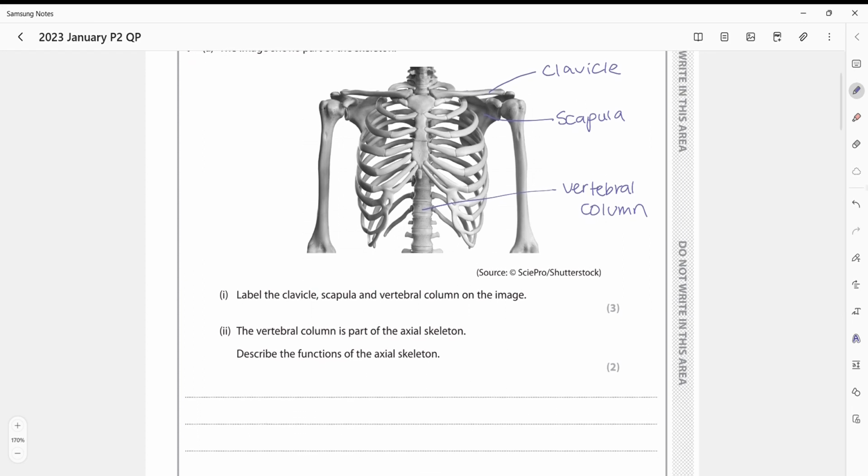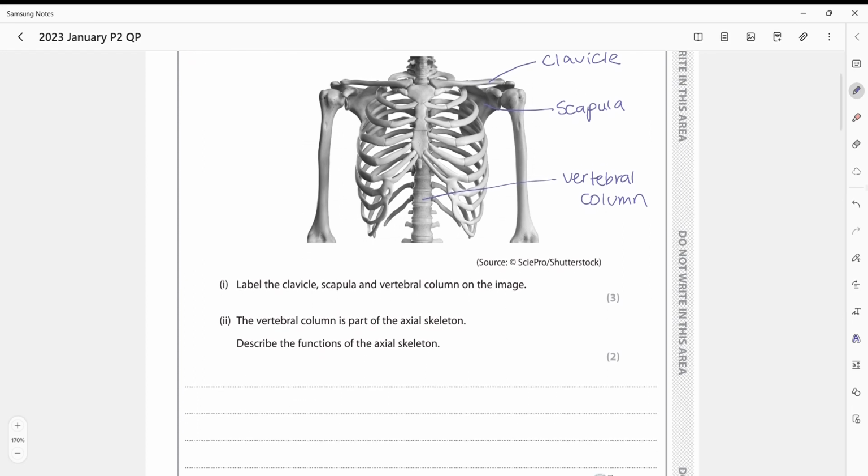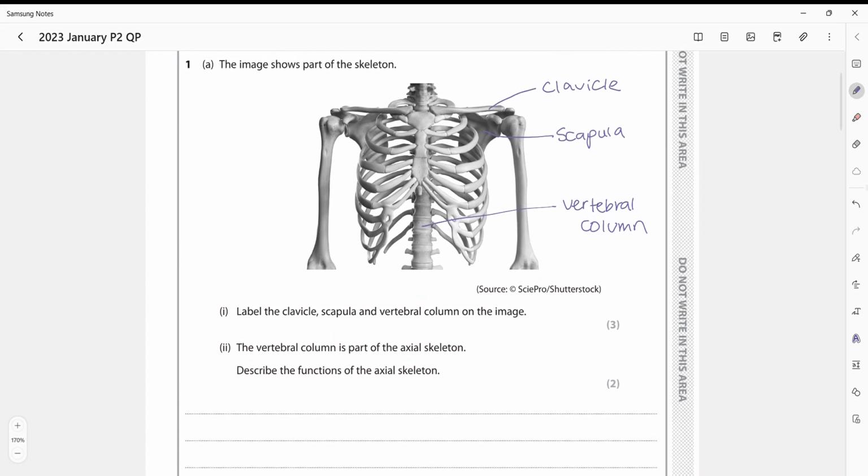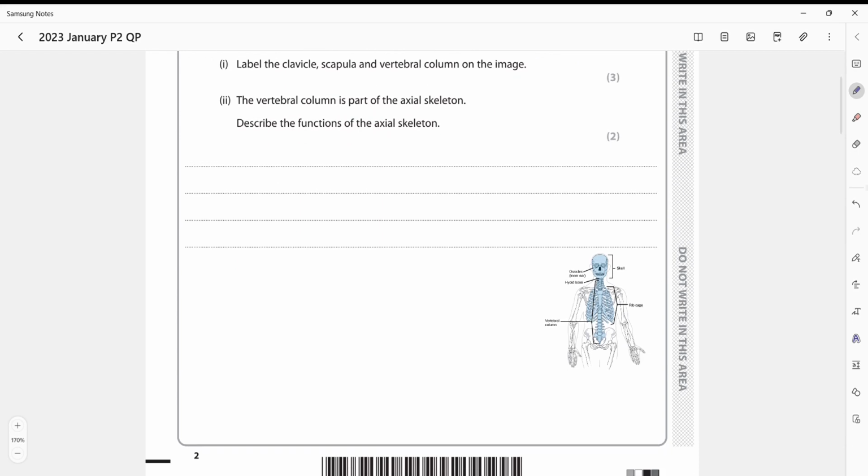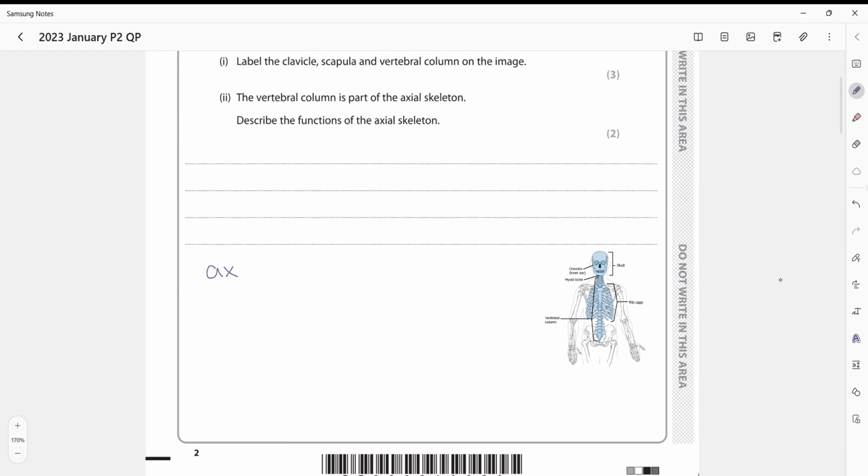Okay, part 2. The vertebral column is part of the axial skeleton. Describe the functions of the axial skeleton. Okay, so before we start, for part of your syllabus, you need to know two types of skeletons. Let me write this down. So we have the axial skeleton, and we have the appendicular skeleton.